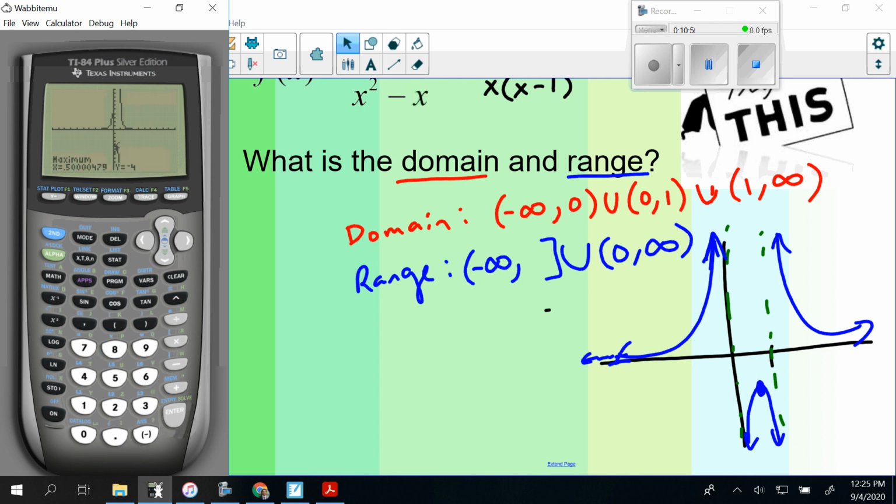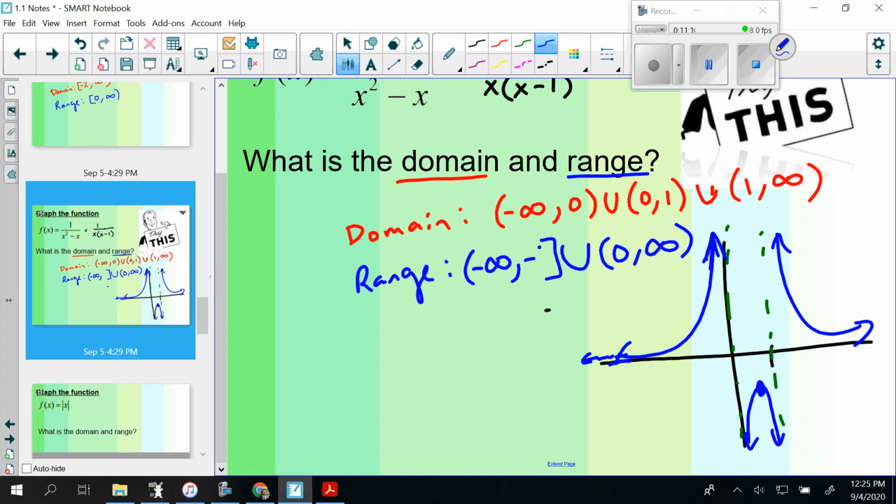See if we can get that maximum. Looks like the maximum is at 1/2, and the top y value is -4. So -4 is as high as it goes. So that would be our range.